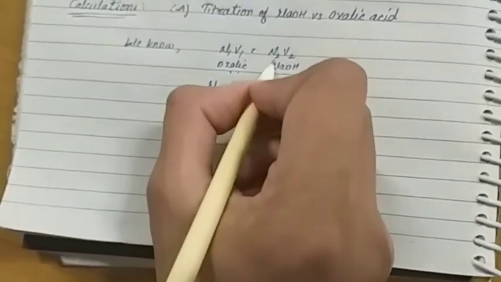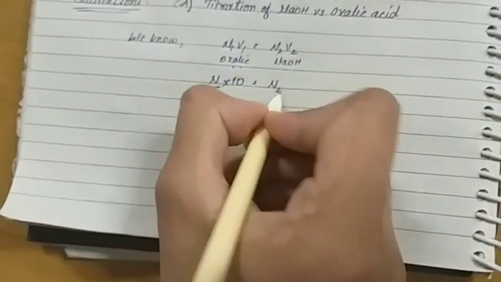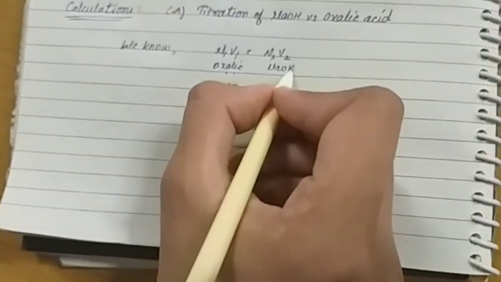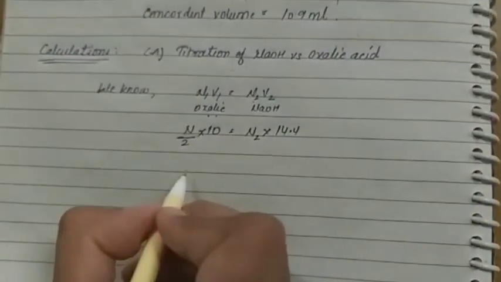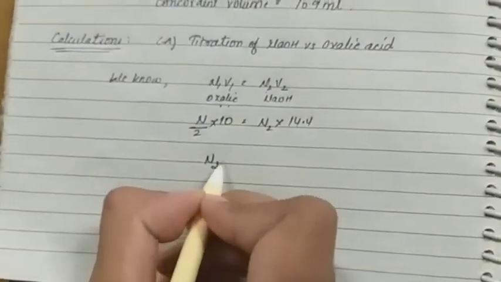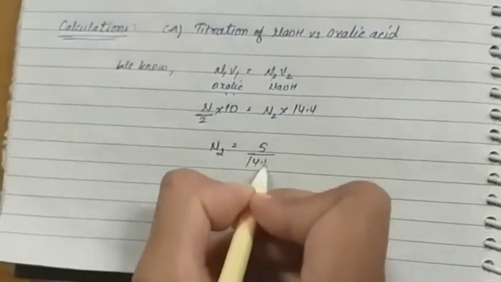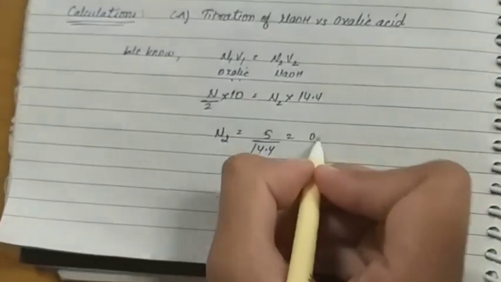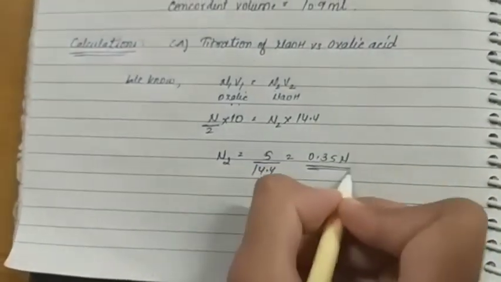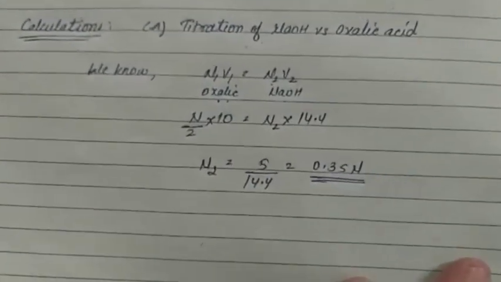We need to calculate the normality of NaOH solution, and the volume used for the NaOH solution is 14.4 ml as calculated above. So from here the normality of NaOH solution calculated is 0.35 normal.